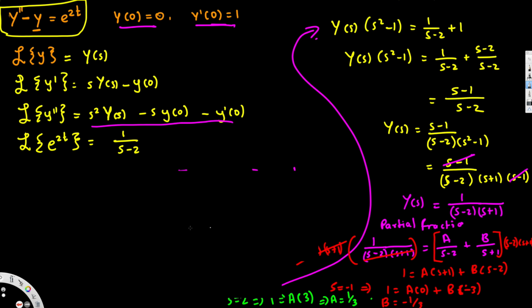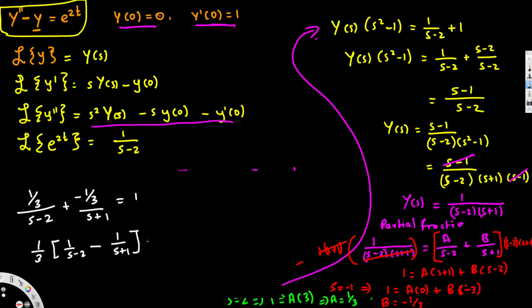If we substitute in this equation, we are going to have 1 over 3 over s minus 2 plus negative 1 over 3 over s plus 1. Now what we can do is take this 1 over 3 common, so this is going to be 1 over 3 times (1 over s minus 2 minus 1 over s plus 1).